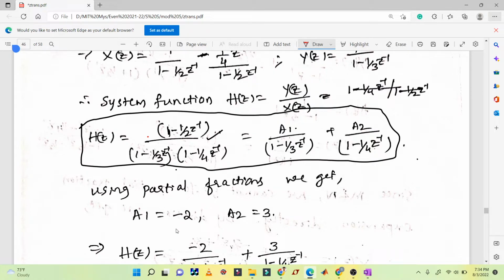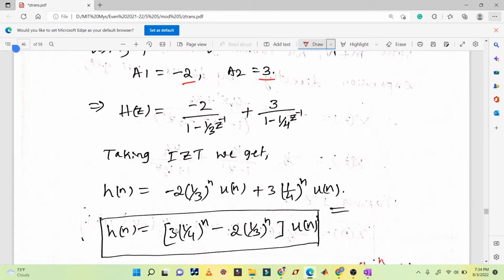So after simplification you will get this equation. You apply partial fractions as a1 divided by 1 minus 1 by 3 z inverse, a2 divided by 1 minus 1 by 4 z inverse. So you will get minus 2 and plus 3 as a1 and a2.